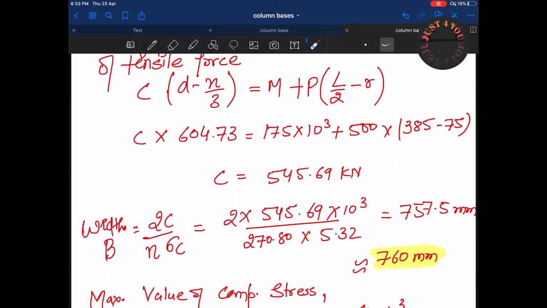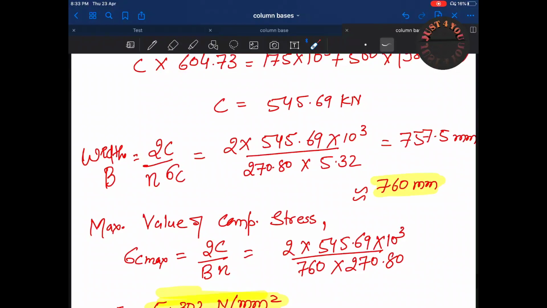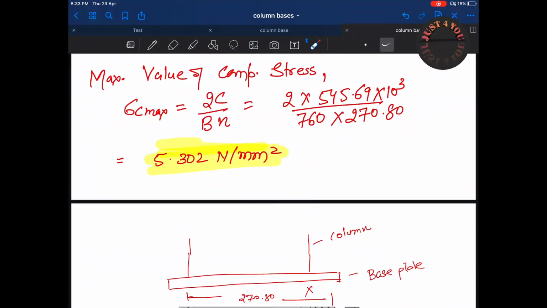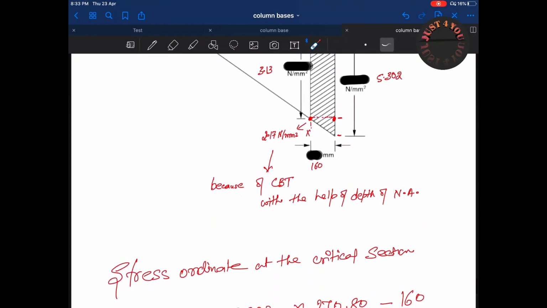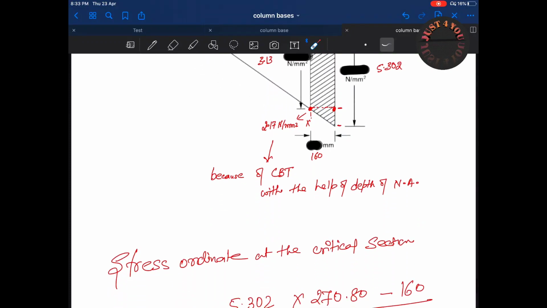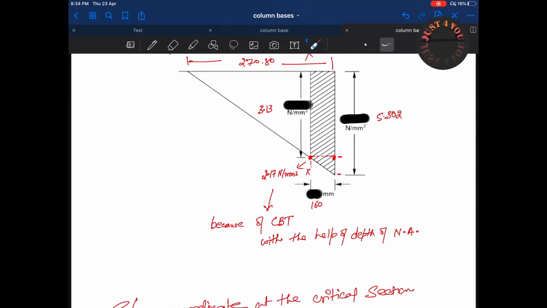In the next step, we calculate the compressive force, and with the help of this compressive force, we can calculate the width. Then we find the maximum value of compressive stress, and next we calculate the ordinate at the critical section, and with this ordinate we find the value of stress at the critical section.